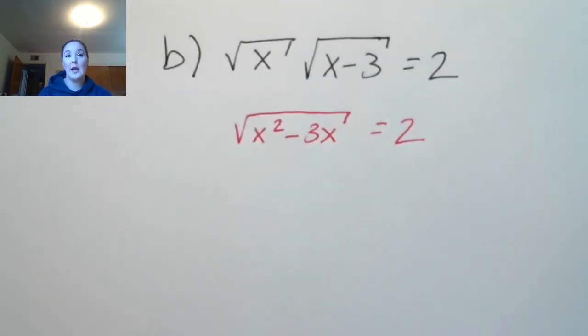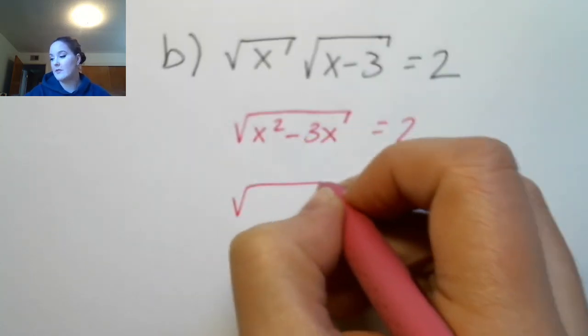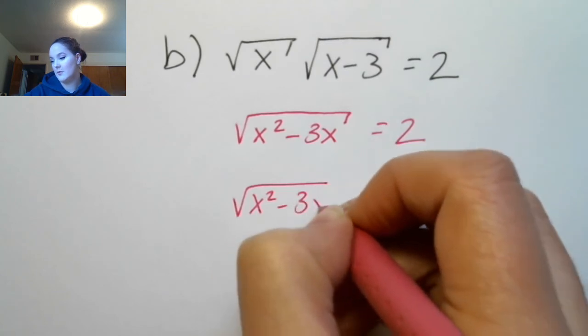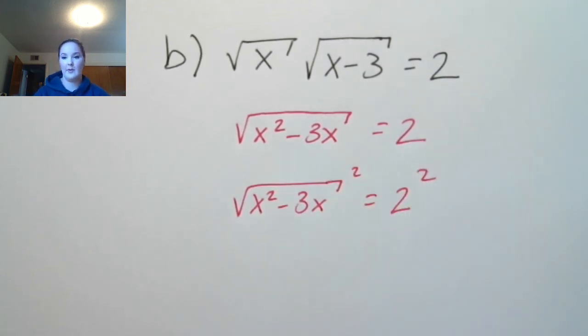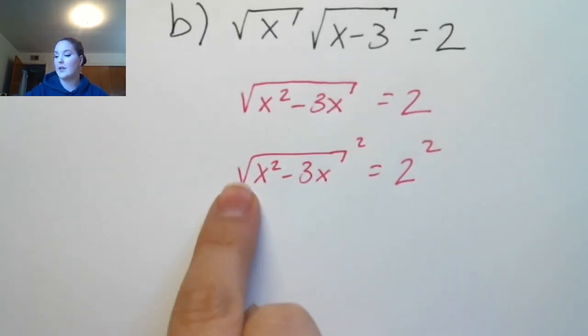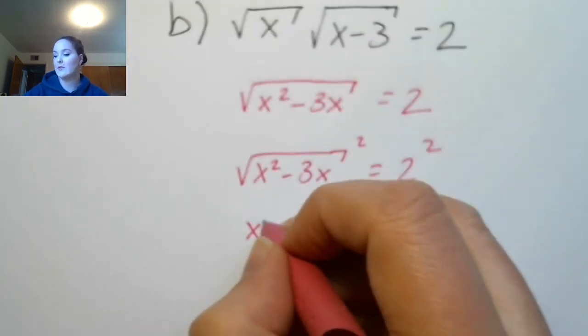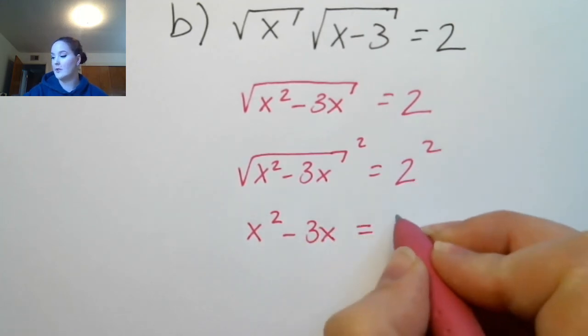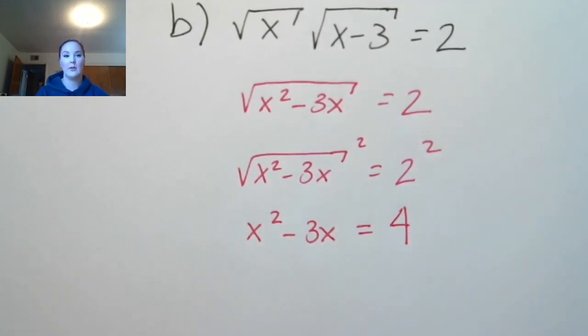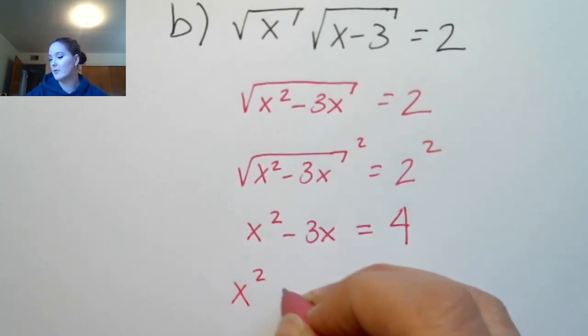Now our radical is isolated and we can move on to squaring both sides. This side, the square root and the square are going to cancel, so I'll get x squared minus 3x. 2 squared is 4. Again, I have an x squared type of equation, so I'm going to subtract 4 from both sides and try to factor.